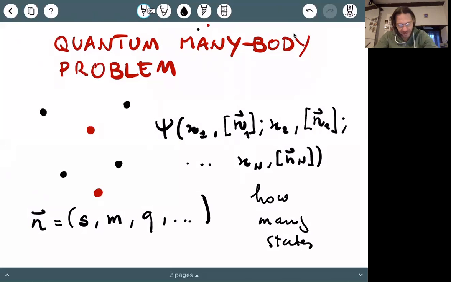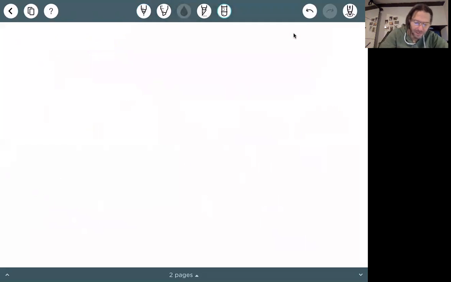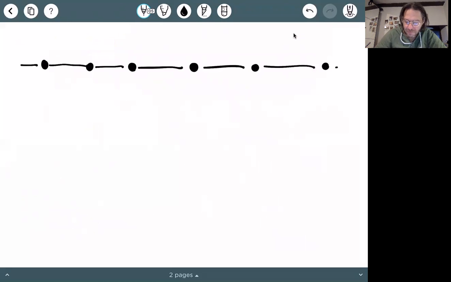I'm going to be more specific. Suppose that my quantum many-body problem is only, let's take the simple system, just spin 1/2 particles fixed in a point. This is the simplest possible quantum mechanical many-body problem, because if the electrons are fixed in a point, then there's no degree of freedom associated with position, and all I have to specify is the quantum state of the spin.